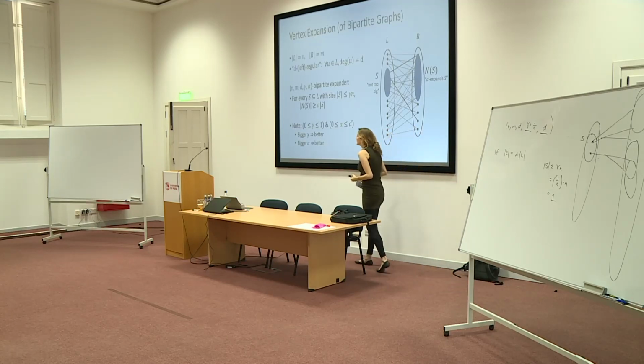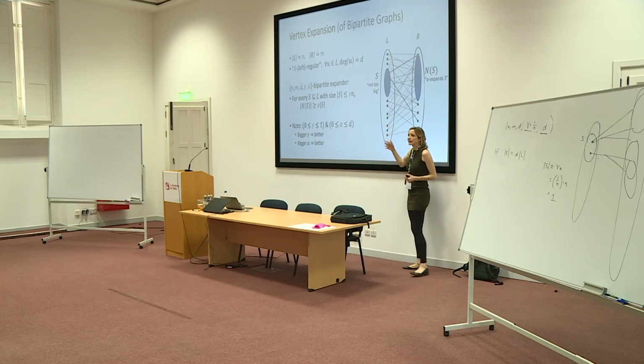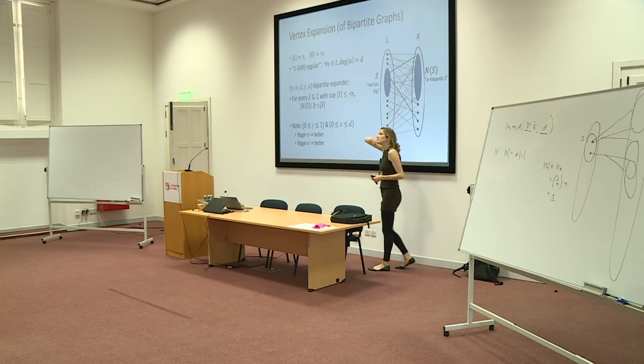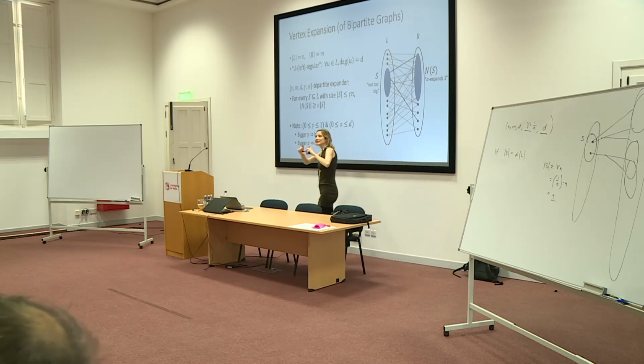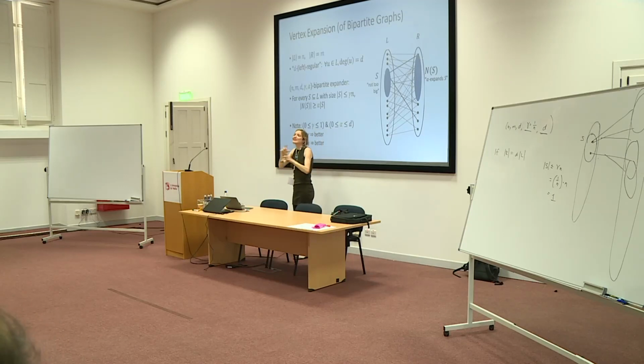It's a little asymmetric in the definition. For example, even just the regularity. But if you force it to be regular on both sides and the sizes are the same, then it is the same, right? It doesn't matter which I'm calling which.